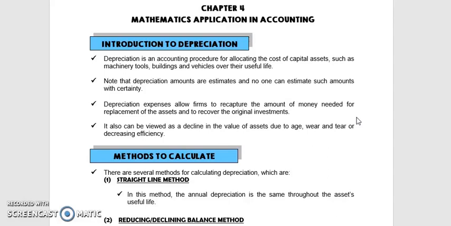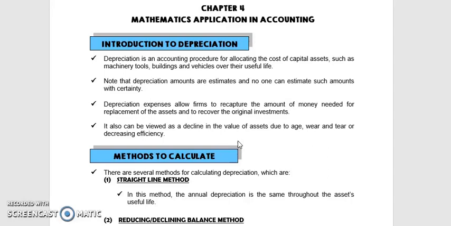It also can be viewed as a decline in the value of an asset due to age, wear and tear, or decreasing efficiency. So depreciation is a decline in the value of an asset because of age, wear and tear, or decreasing efficiency. For example, let's say you bought a freezer.